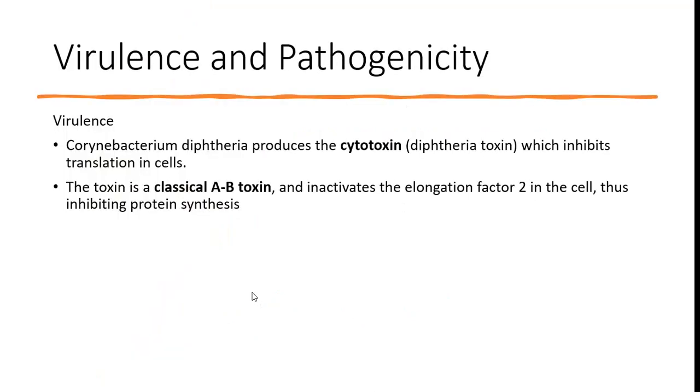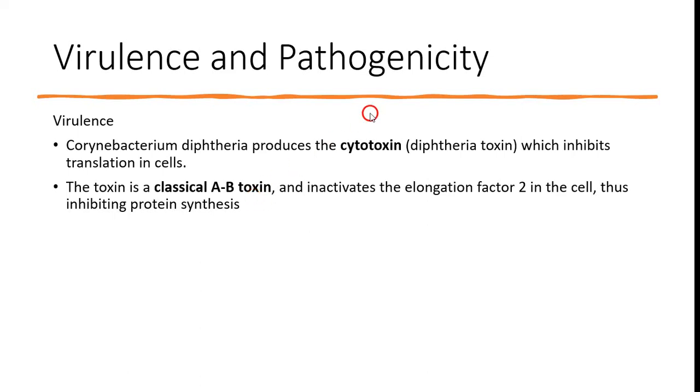Now, when we talk about diphtheria bacteria, it produces what's known as a cytotoxin. Cytotoxin means a toxin that's specific for cellular processes, and in particular here it's going to inhibit translation in cells of the host. Remember, you go transcription and translation, so that's going to have an impact on protein synthesis.